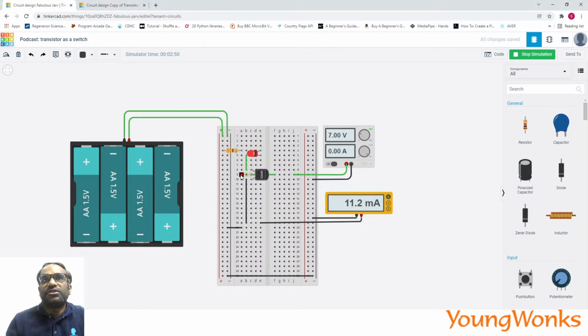Now, if you notice in this circuit, I can control the voltage being applied to the gate. What you can notice is as soon as I start increasing it, there is initially a small range where it doesn't respond as quickly.